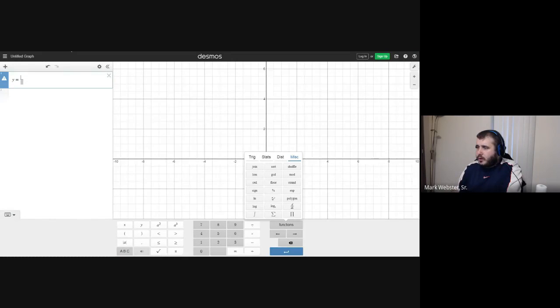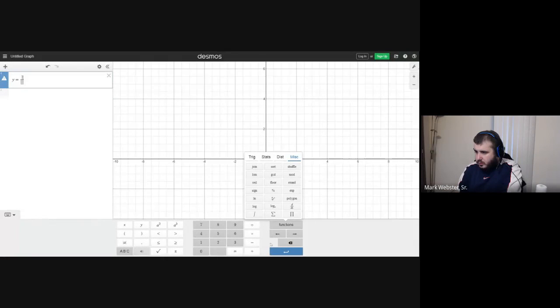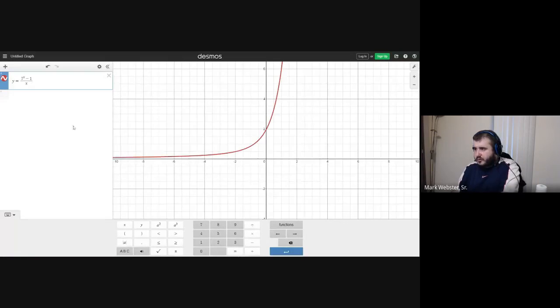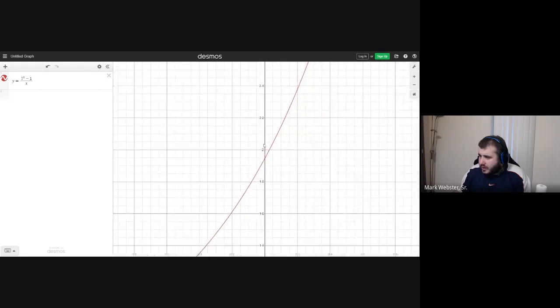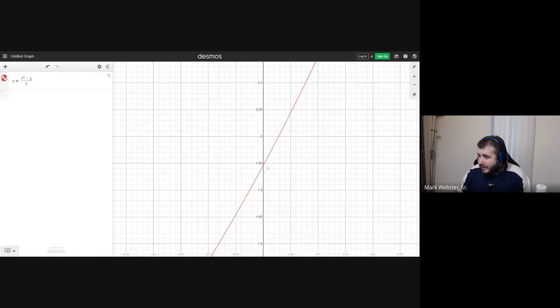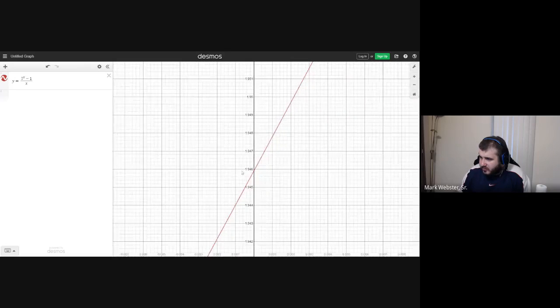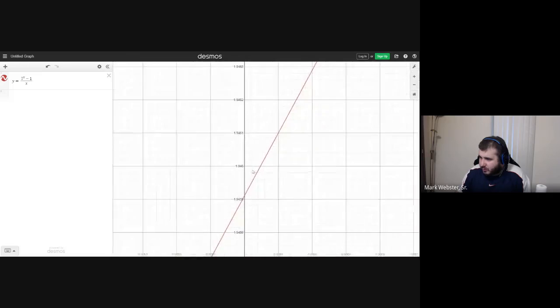So I had 7 to the x minus 1 over x. And look, you can actually dial in on that, which is great. I love the fact that you can just keep dialing in until it gets to that place where you're sure of the same number of decimal places that you need to be.